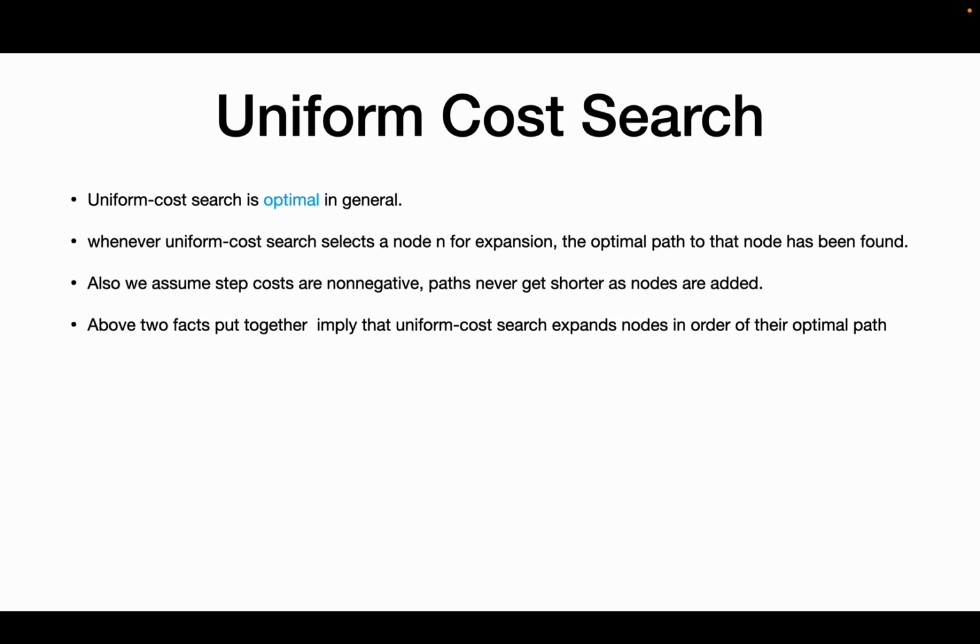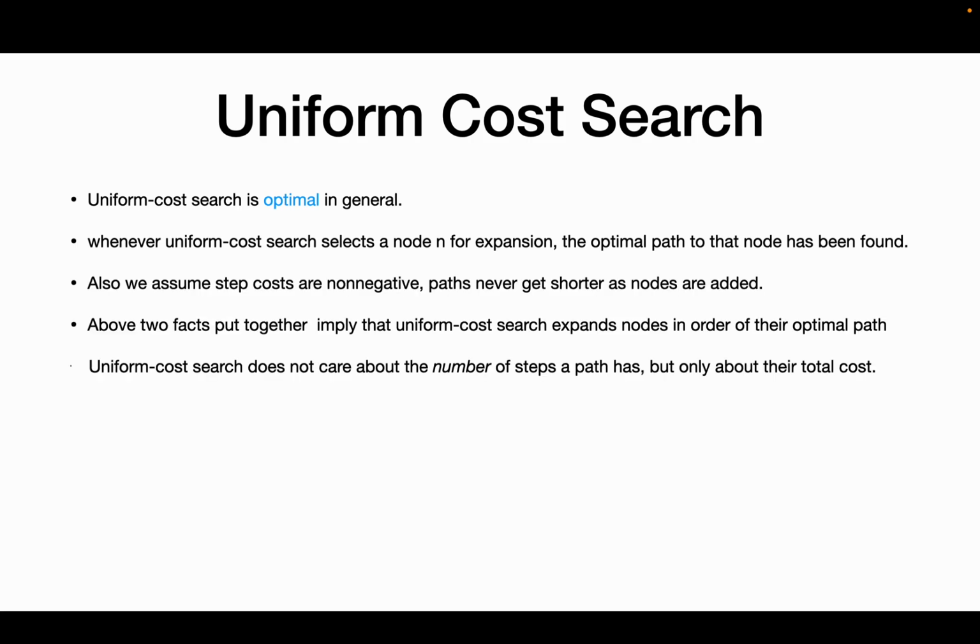There are two reasons why it is optimal. If we reach a node in uniform cost search and it is about to generate its children, that particular node has reached its optimal path.